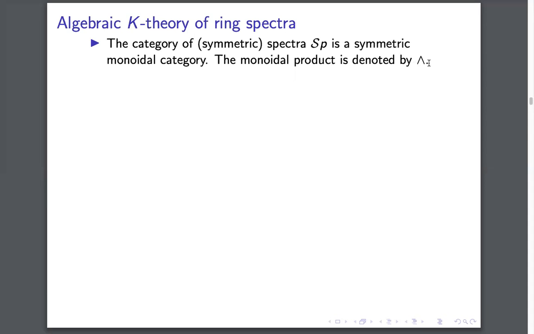And it is really saying that you can take smash products of spectra, it's symmetric, it's associative, etc. And actually maybe the correct analogy to think about this is the analogy with the tensor product of abelian groups, right?